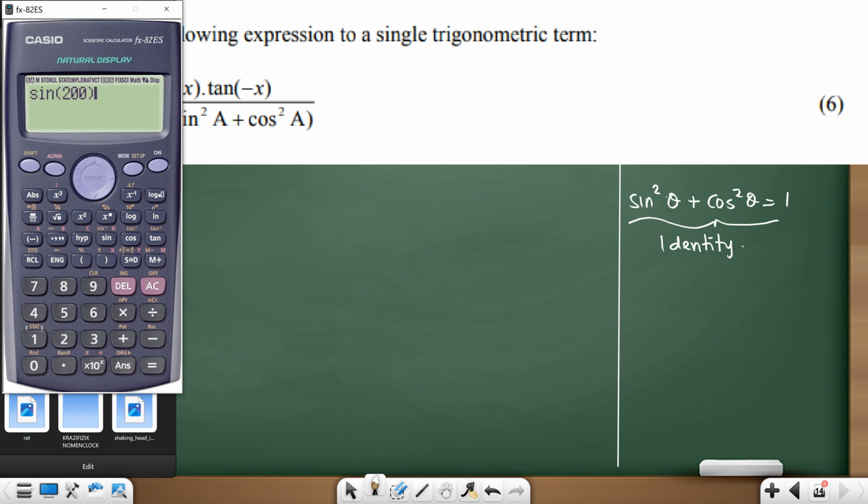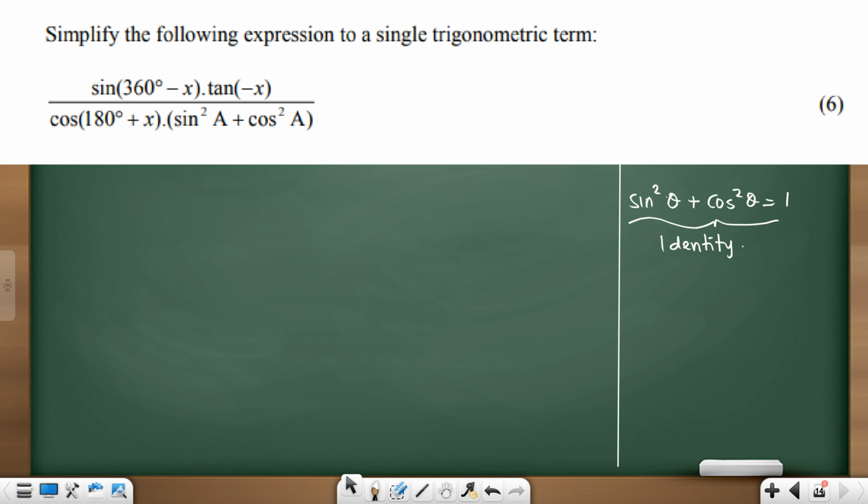Sine 200, as long as it is cos 200, must give you 1. Sine 1000, no matter how big it is, plus cos 1000, squared, of the same value gives you 1. So it's an identity.